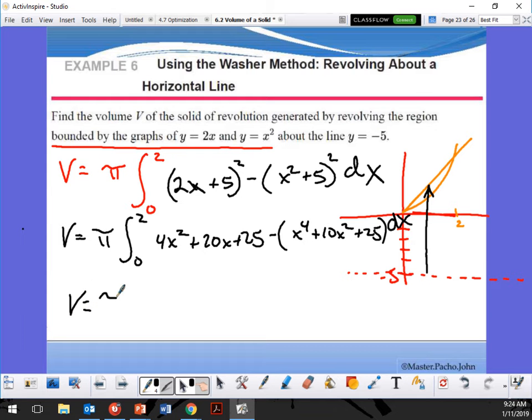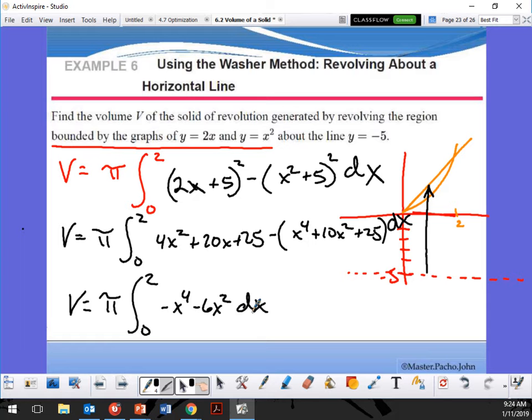V equals pi from 0 to 2, and I have a negative x to the 4th minus 6x squared dx, right? Yes, because my 25s go away.